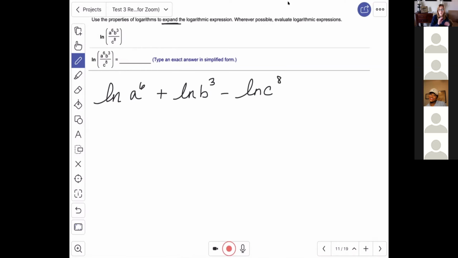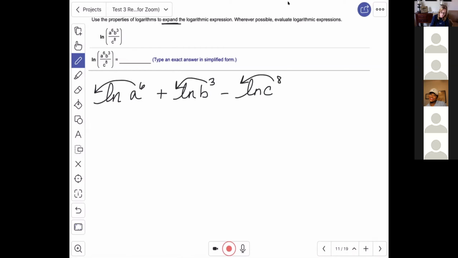This is when you're wanting to do it into different logs. Just remember, multiplication doesn't translate to multiplication. If you're multiplying the 2, you add between the logs, and division is subtract. And then for this, it's expanded, but they want you to take it one step further and bring the exponent down in front.